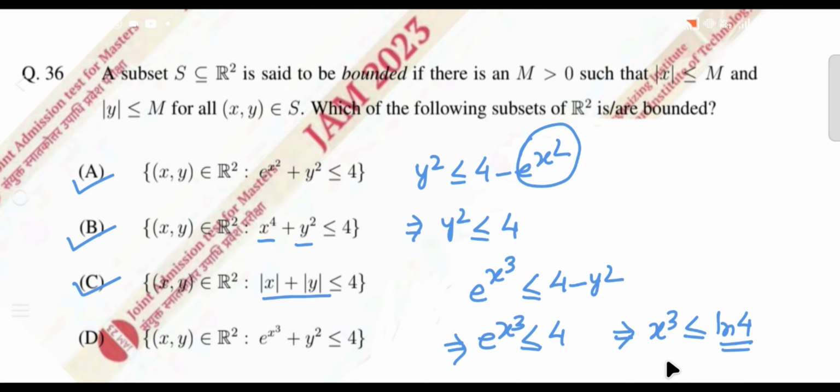I mean, in the forward direction this x has a limit, but in the backward direction this x has no limit. It will go and go and go. What this question says, which of the following subsets of R is bounded? This is wrong. So we have the correct options as A, B, and C.